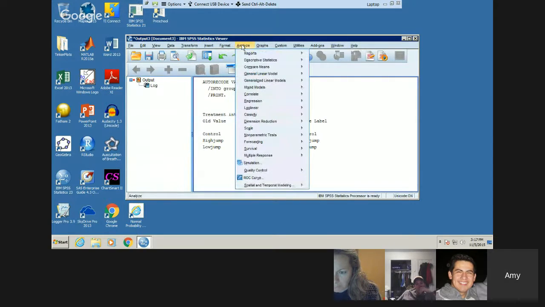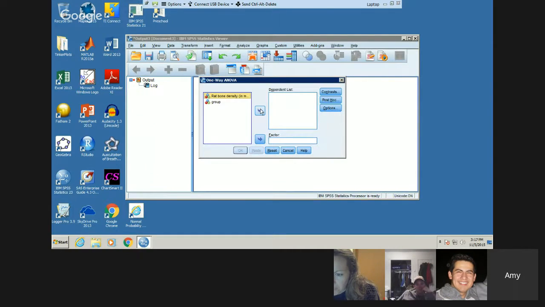So I'm going to analyze and compare means, right? The rat bone is the dependent, and this is the factor.